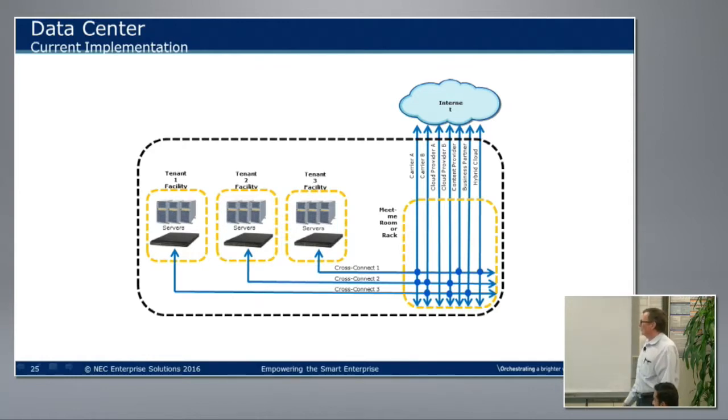And then common to all the tenants, there are a bunch of connections to the internet. These connections can be from carriers, from cloud service providers, from business partners, from other data centers of the same service providers, and so on. Now each tenant wants to connect to one or more of the uplinks. And this is sometimes called an internet exchange.